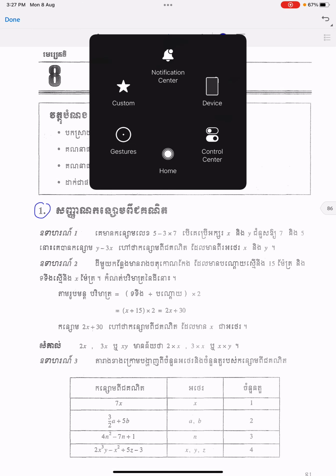If we take the example from the lesson in the textbook, we can see that the first one is the identifying of algebraic expression.